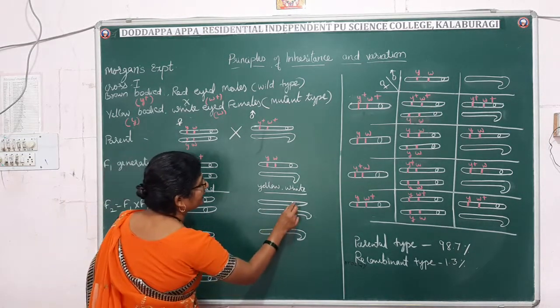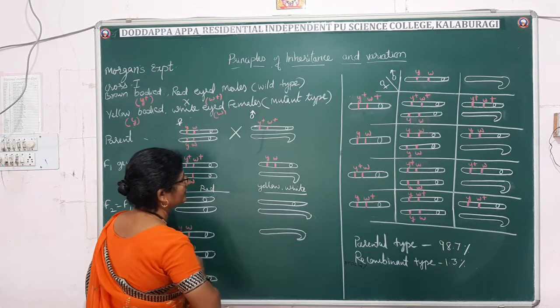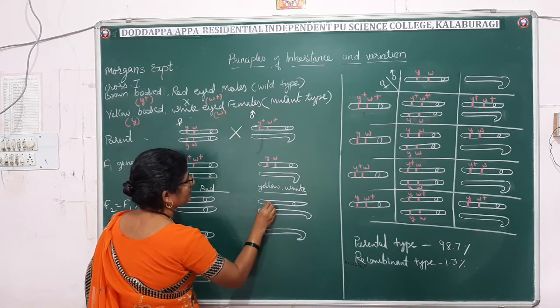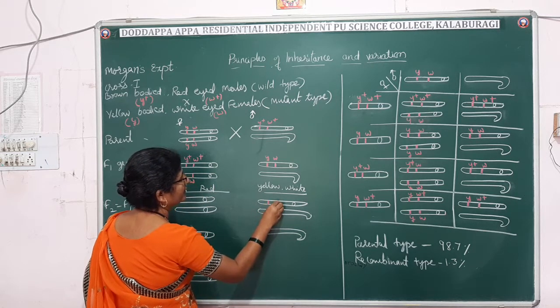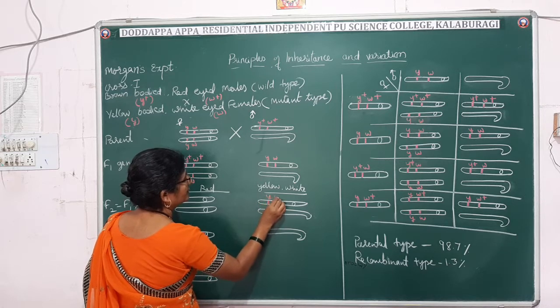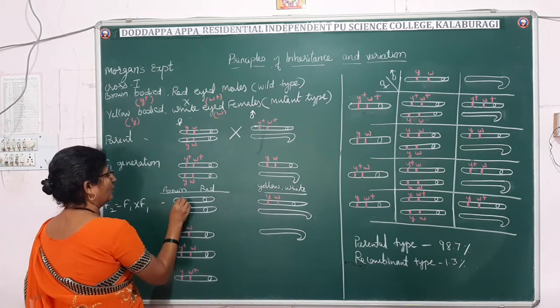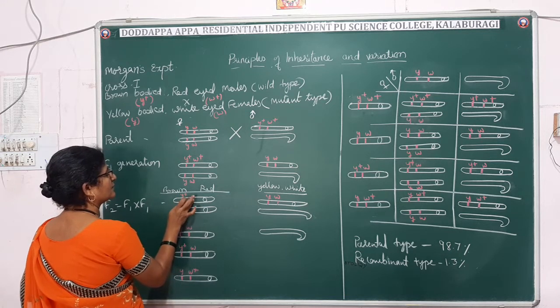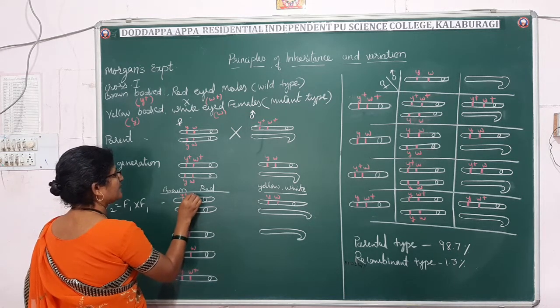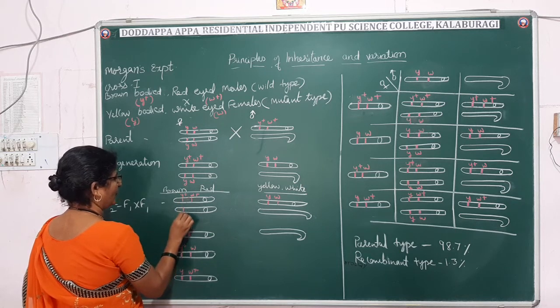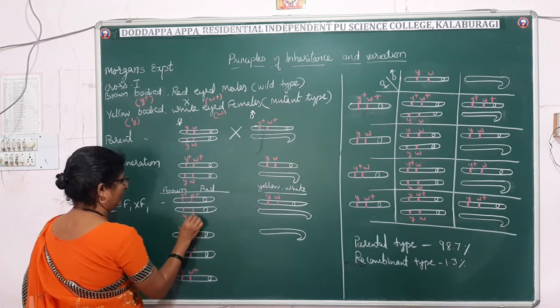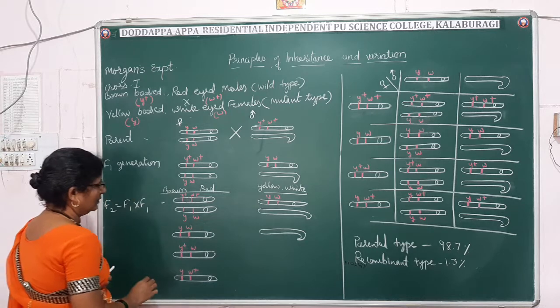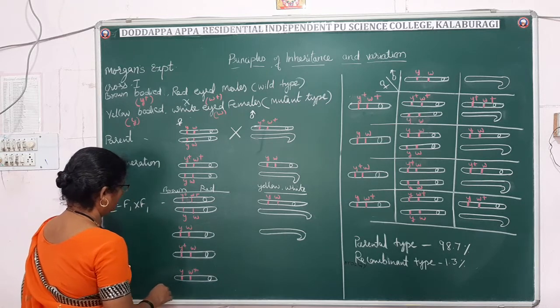For the X, the centromere and genes we have indicated with different marks: Y plus gene, W plus gene, Y and W. So one more gamete I have to draw.